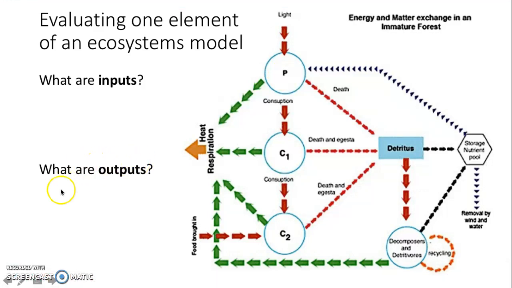Let's look at some outputs, the arrows moving away from our producer. The producer could die, or part of it could die if we're talking about a large tree. It could lose a branch, and that matter would be lost to detritus. Additionally, all organisms go through respiration, so the plant utilizes the energy it makes through photosynthesis, and none of those processes are 100% efficient.